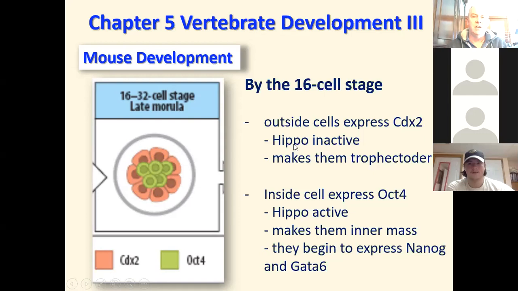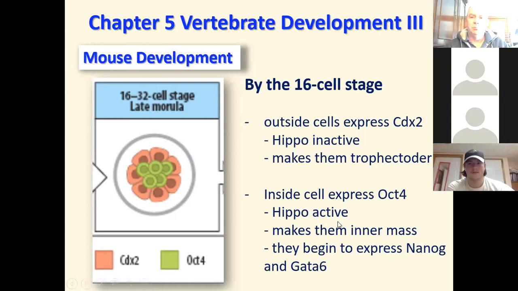And why is that? Because of our old friend Hippo. The Hippo signaling pathway gets active when the cell is touching something all over itself. So down here in the inside cells, they've got active Hippo, and Hippo is going to break down a transcription factor, YAP, that causes CDX2 to be made.